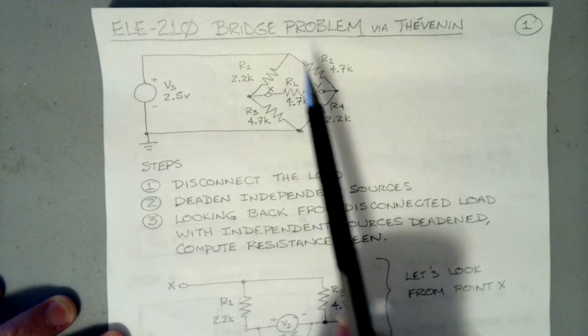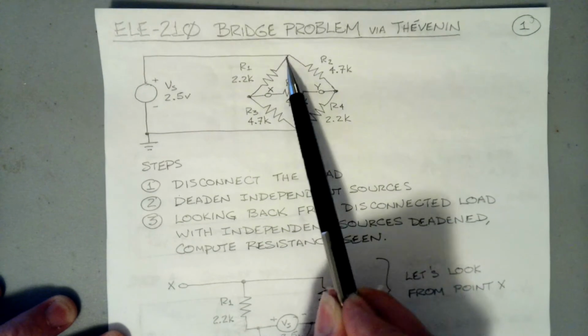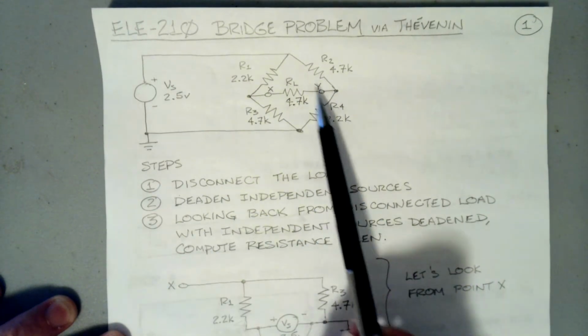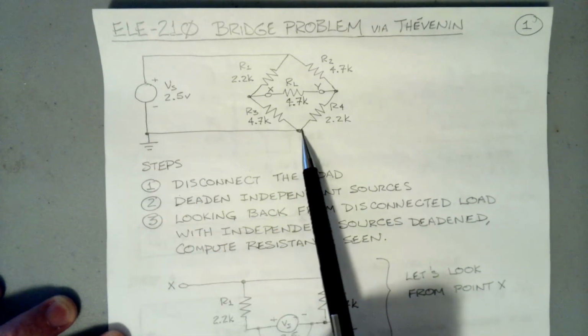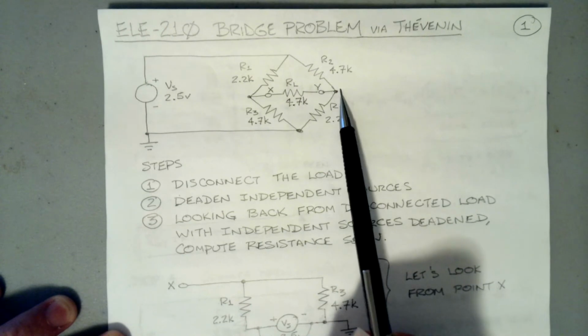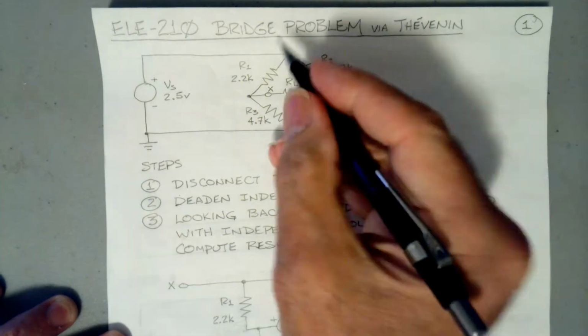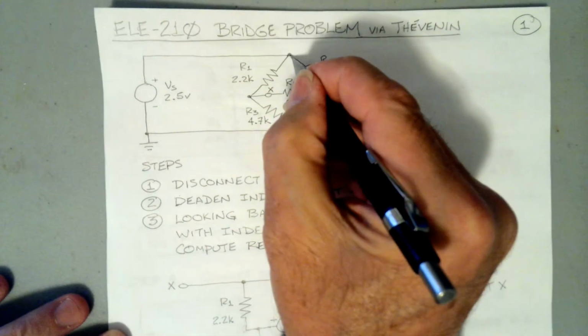If you want to count the total number of loops, you've got a loop here, you've got a loop out here, and you've got a loop here and a loop here. And for nodes, you've got 1 node, 2 nodes, 3 nodes, and 4 nodes. Probably could put a little better dot there.